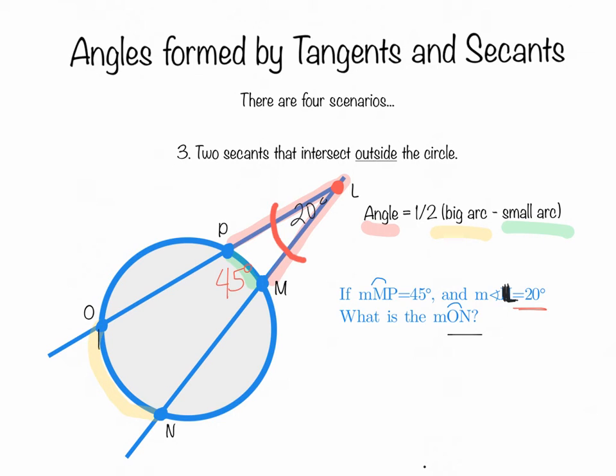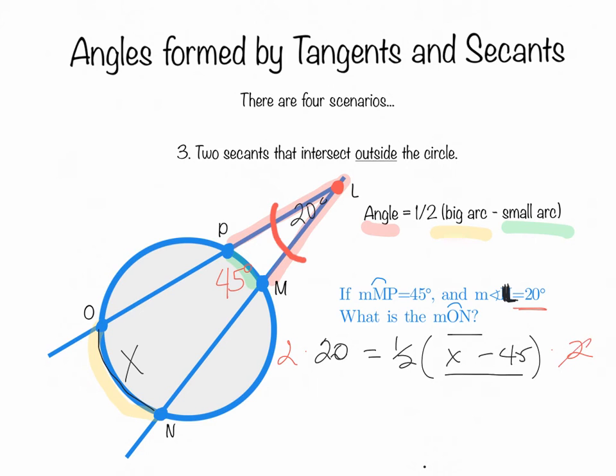So ON is this big arc here. So now we have our 3 pieces of information. One of them is a variable, and we're going to plug it into the formula. So angle is 20 equals half of the big arc, which is X, minus the small arc, which is 45. Again, when my variable is inside the parentheses, let's just go ahead and multiply both sides by 2.